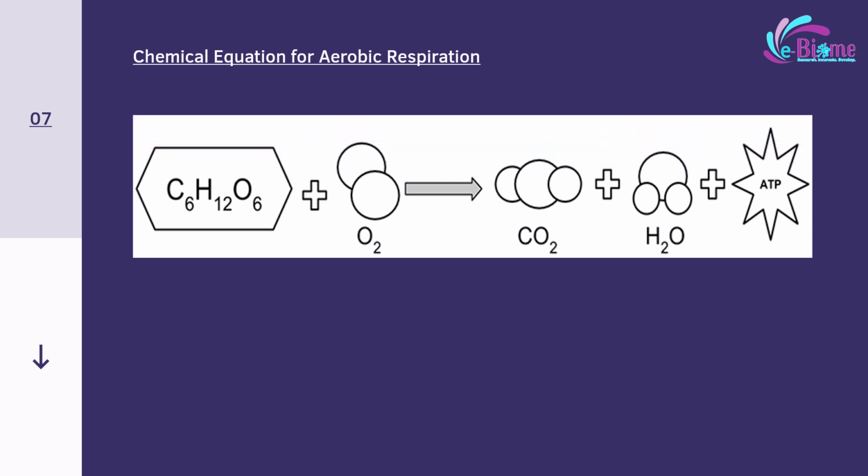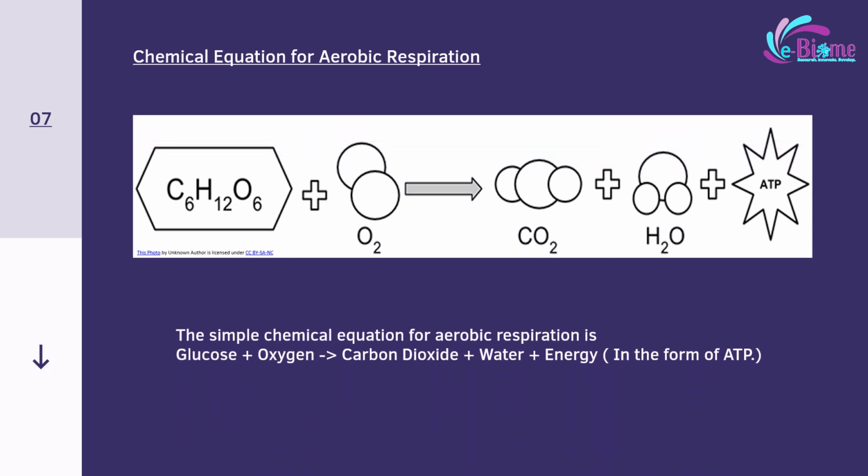To better your understanding and to make things simple, here is an equation for the overall reaction. For those high school and college students, you may be familiar with this formula, where glucose here reacts with oxygen to form carbon dioxide and water and energy, in this case ATP.